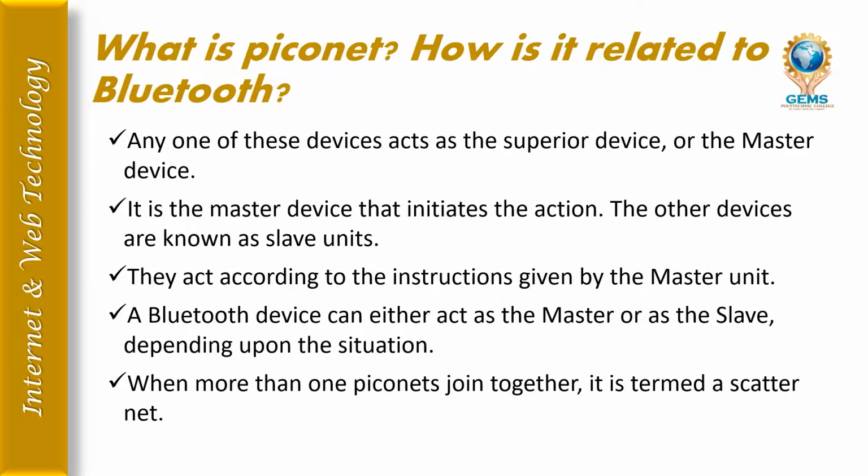Any one of these devices acts as a superior device or master device. This piconet is always related to Bluetooth, and it acts like a master-slave arrangement. One of the devices acts as the master, and the other devices are known as slave units. They all act according to the instructions given by the master unit.